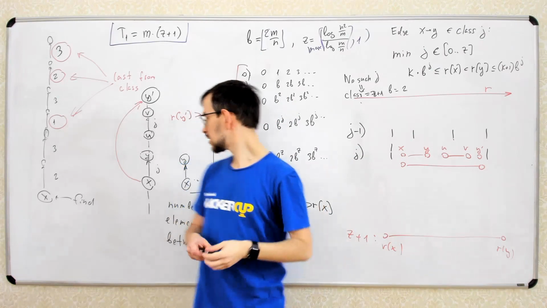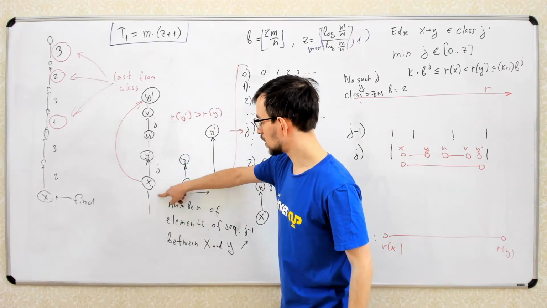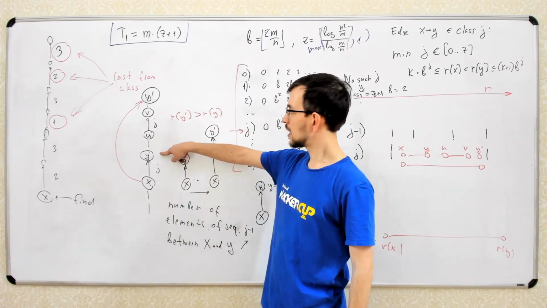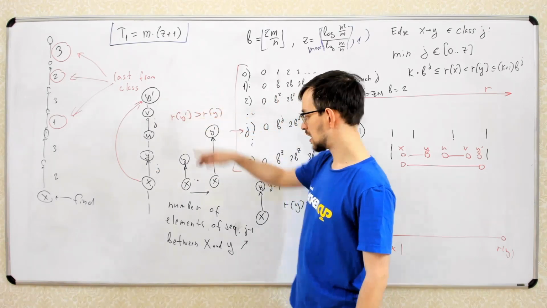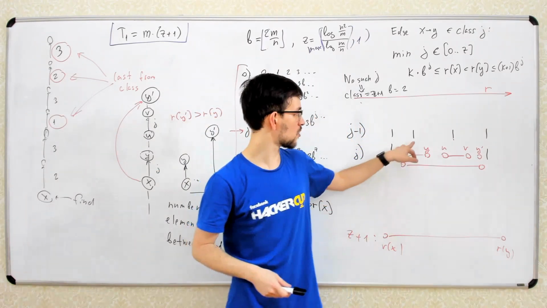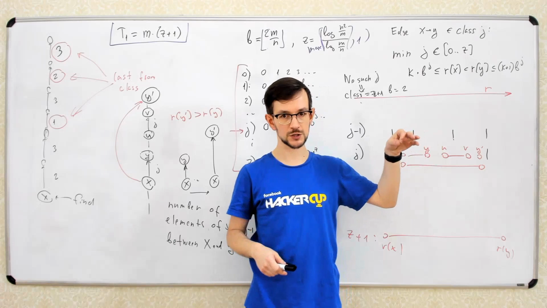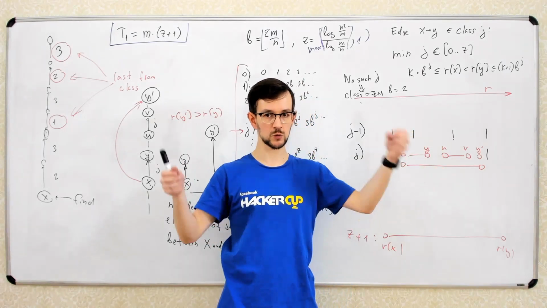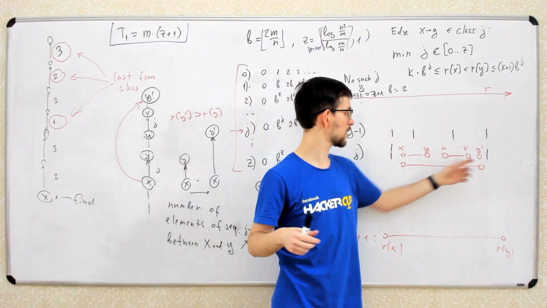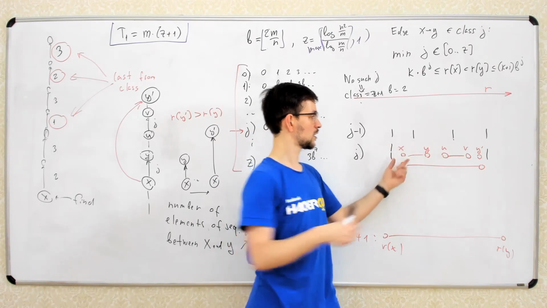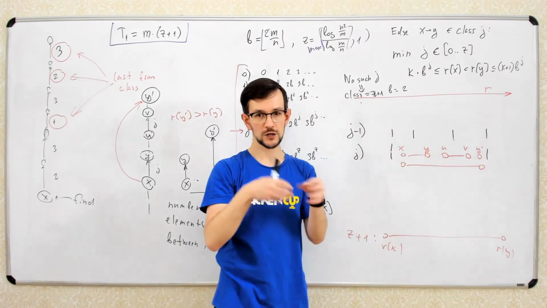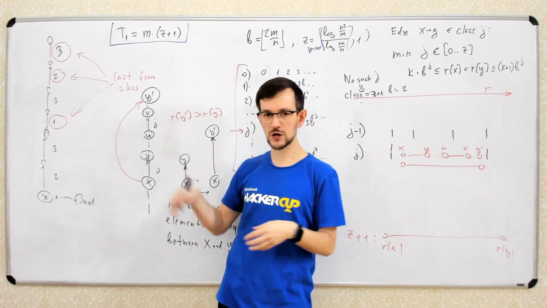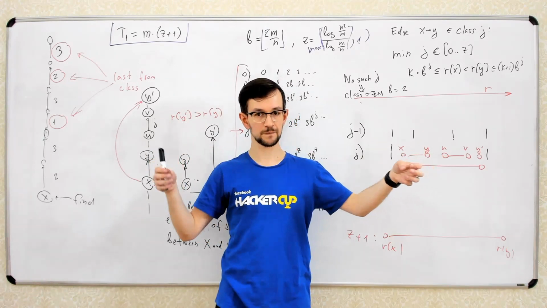After each time we go through this edge and apply the path compression, the number of elements of the previous sequence between x and y will be increased. So we have x, we have y, here we have one element, here we have two elements, and so on. Each time we apply the path compression, the number of elements will be increased.